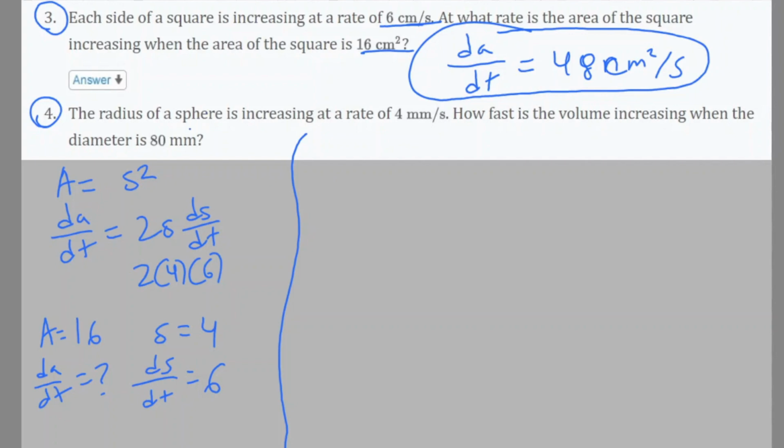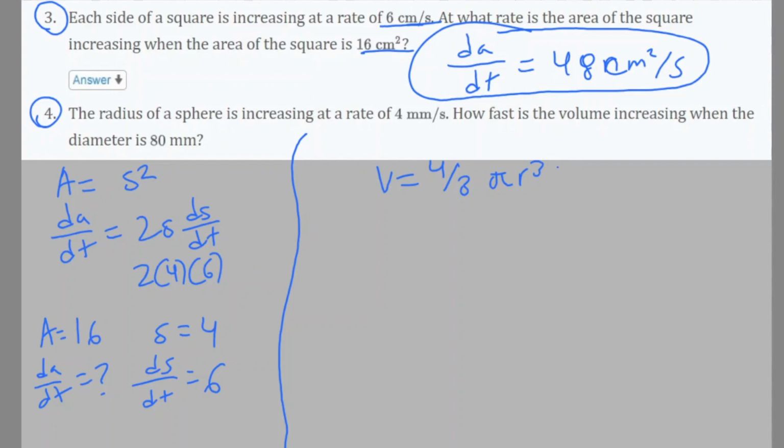And number 4: the radius of a sphere is increasing at a rate of 4 millimeters per second. How fast is the volume increasing when the diameter is 80 millimeters? So for this, let's do the same thing. The volume of a sphere is going to be 4/3 pi r cubed.